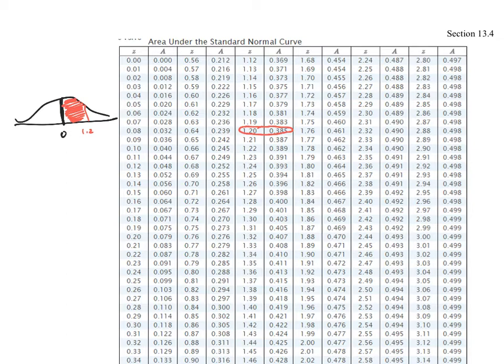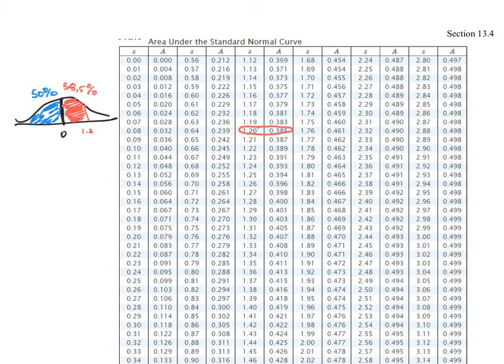So what it would be telling me is that 38.5%, which is 0.385, were between the mean and the z-score of 1.2. So if I wanted to know how many scored below this, I would have to add in the 50% from here, plus the chart value of the 38.5.